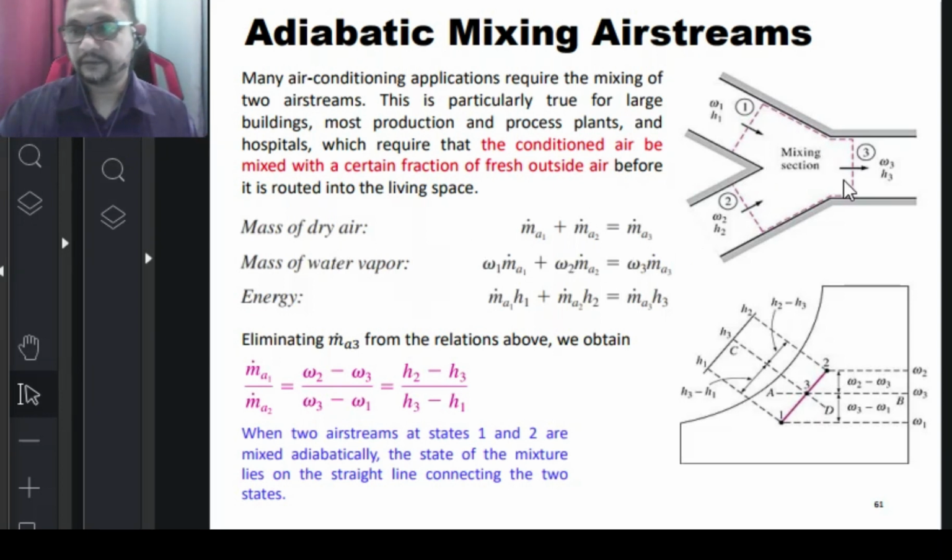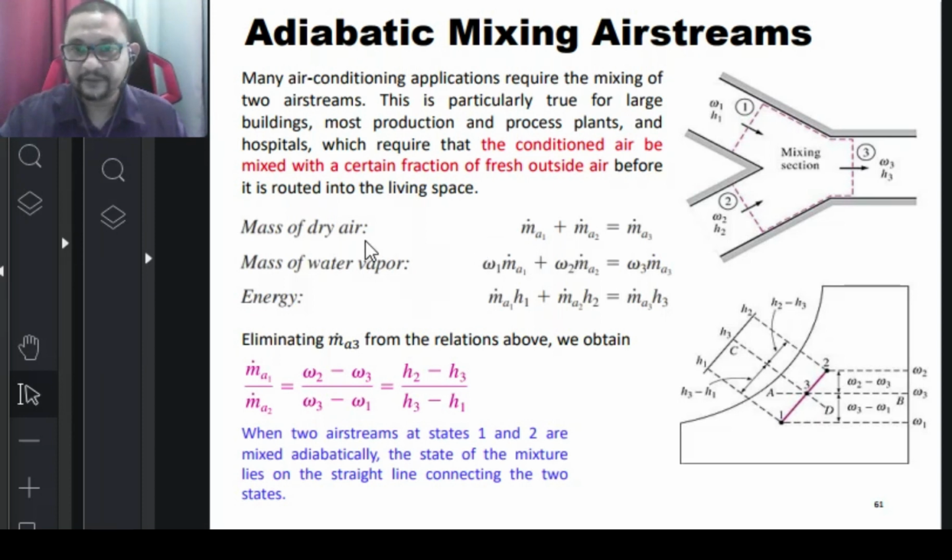As you see in this schematic diagram, it has two inlets and one outlet. The first has specific humidity omega 1, the second omega 2, and the mixing section is between the inlets and the outlet, so the outlet is omega 3.